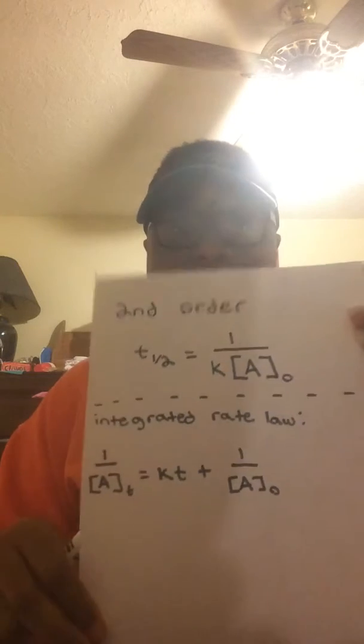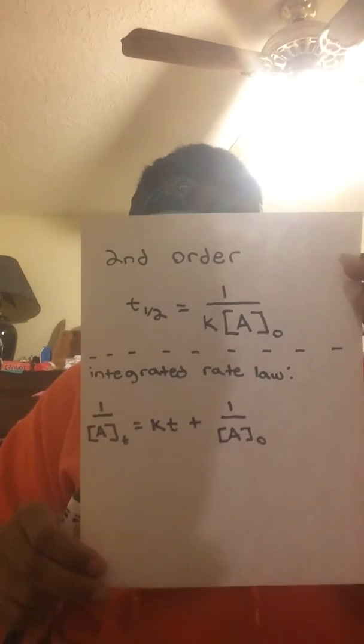And that is 1 over the final concentration, which is AT, is equal to K times T, which is the rate constant times time, plus 1 over the initial concentration of the reactant. So that's what the integrated rate law looks like.